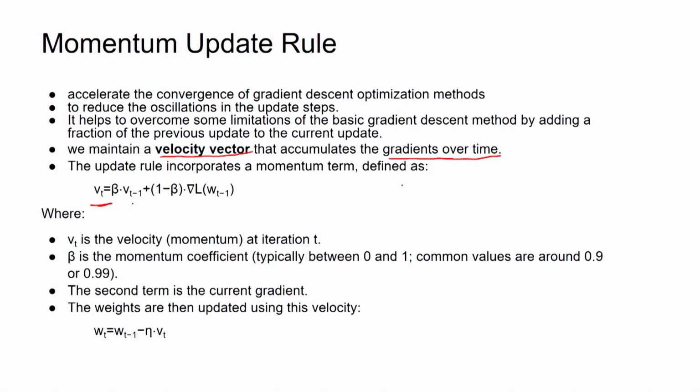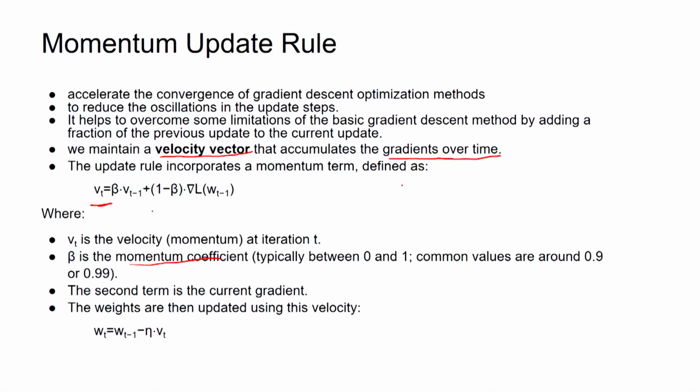You see, this is the previous velocity at the t minus 1th iteration, and beta is the momentum coefficient. Generally this coefficient value is between 0 and 1, and commonly we take its value around 0.9 or 0.99, but we can take a lower value also from 0 to 1.